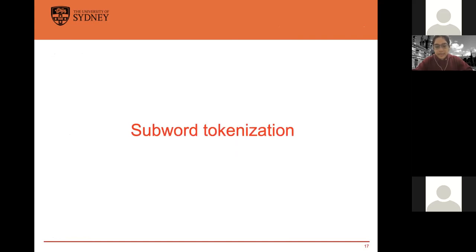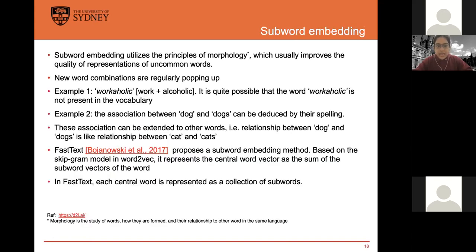So there's another improved version of this algorithm known as subword tokenization. This actually uses the same model, but it takes into account the principle of morphology. There are words which you may not find in the vocabulary you're using for training, but which could be formed by merging 2 words together.